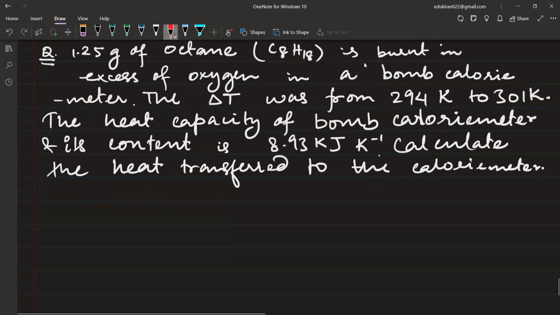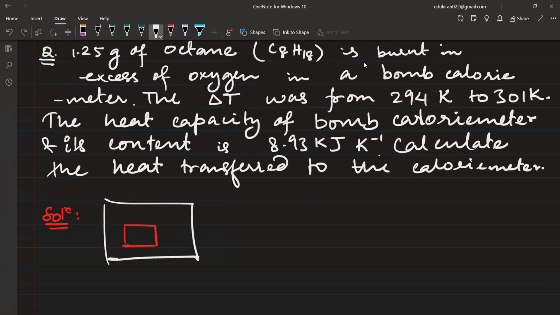Please listen here, guys. सुनिए, ये था आपका सिस्टम, this was your surrounding, it will give out some heat and this is the heat that we have to measure. Now since it is bomb calorimeter, तो बताइए constant pressure या constant volume, tell me guys.